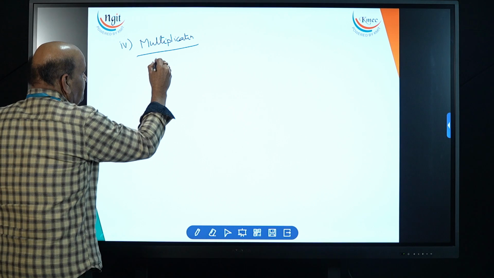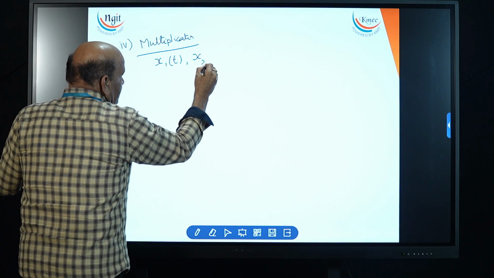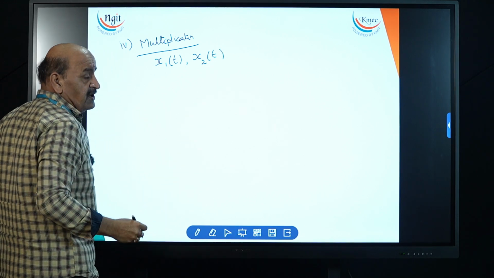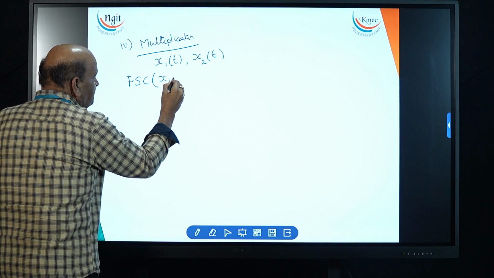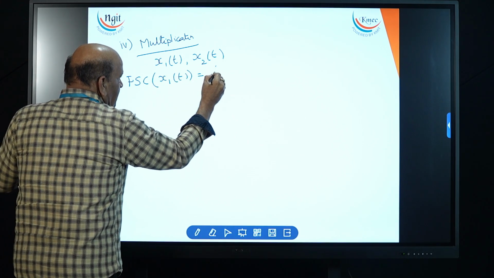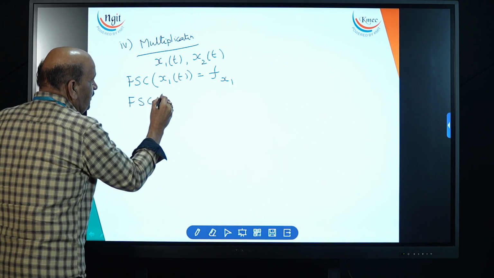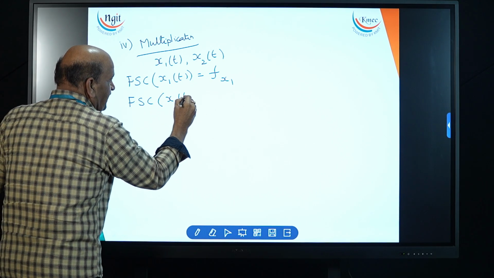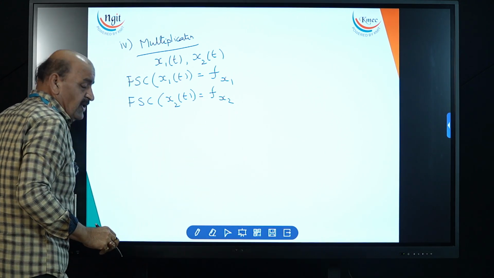Therefore, let the first signal be x1 of t and the second signal be x2 of t. Let the Fourier series coefficient of x1 of t be f of x1, and of the second signal be f of x2. This is the first requirement we need.